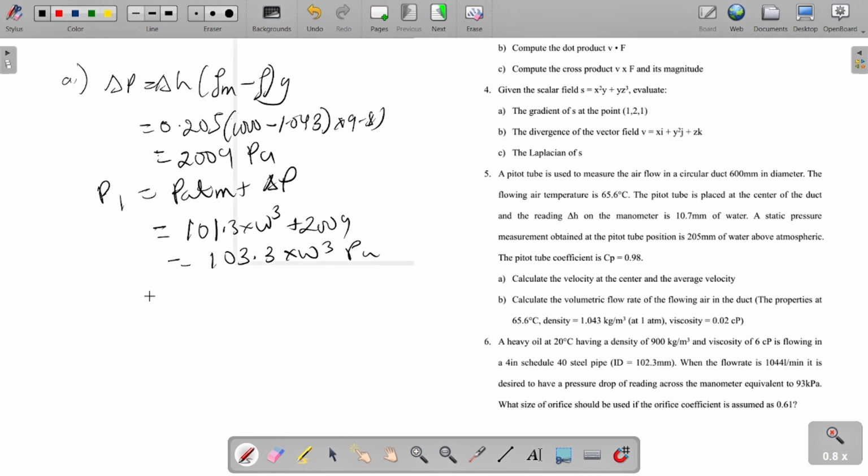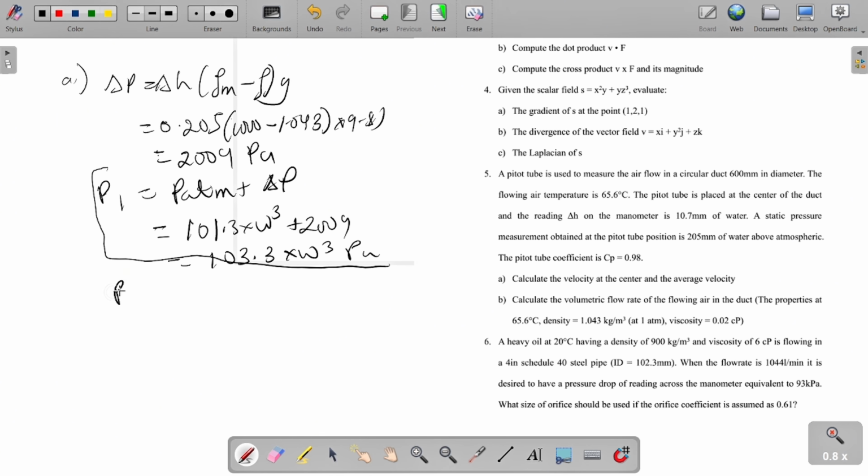Right. So this gives me P1, but actually over here, the density that was given is at 1 atm, and we have calculated a pressure which is not 1 atm, so you have to calculate the actual density of air at this pressure. That's a correction you have to make. So to calculate the actual density, we use the relation between density and pressure.